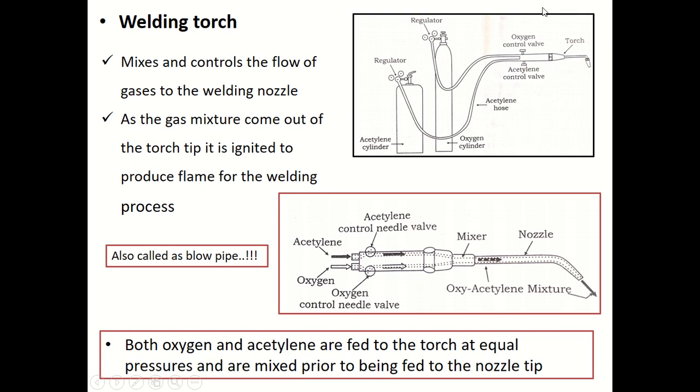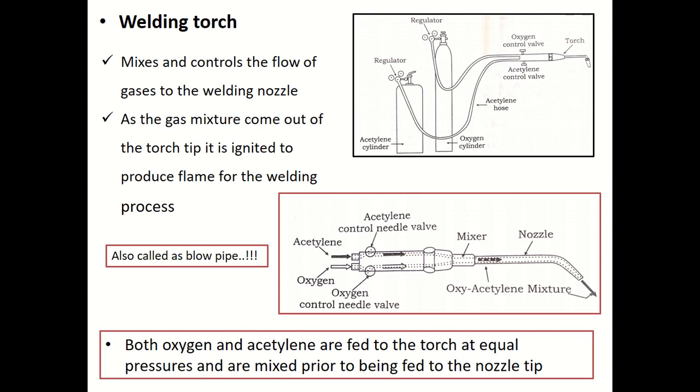So you can see a high pressure welding torch is used for this purpose, for welding. The welding torch is also known as the blowpipe.